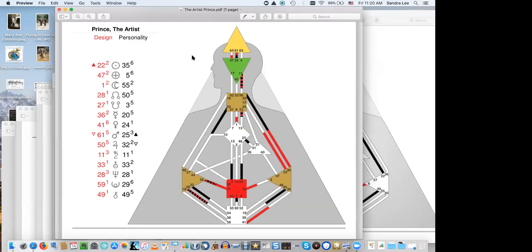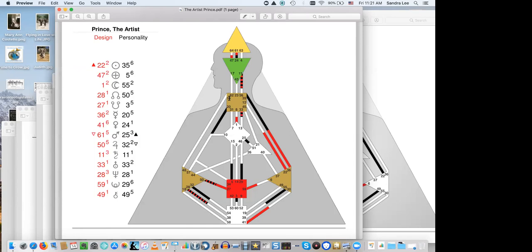I also have Prince, a musician. So I looked him up today to see how the gate 35 is showing up. So if you look at the throat center, which is the brown square near the top of the chart, you have the gate 35 coming off the right side of it.